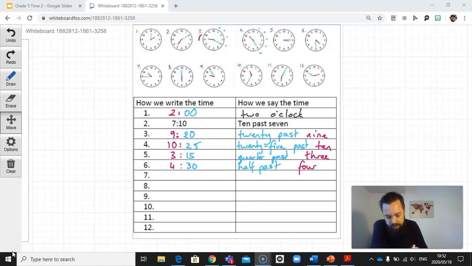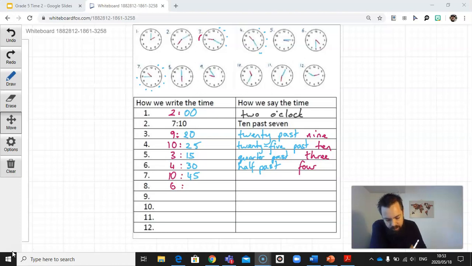Okay, let's jump back and look at the 7 to 12. So our hour is after 10, but not at 11, so it's going to be 10. Our minutes were at the 45. So 5, 10, 15, 20, 25, 30, 35, 40, 45. So it's 10:45. The next one, the hour is pointing at the 6.